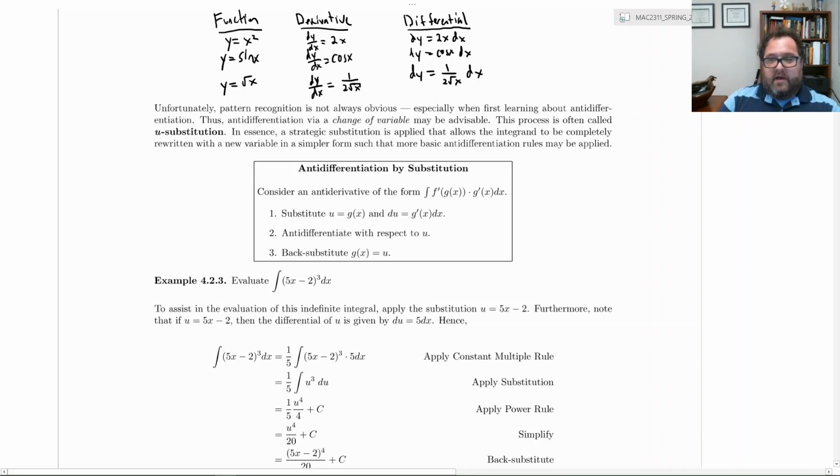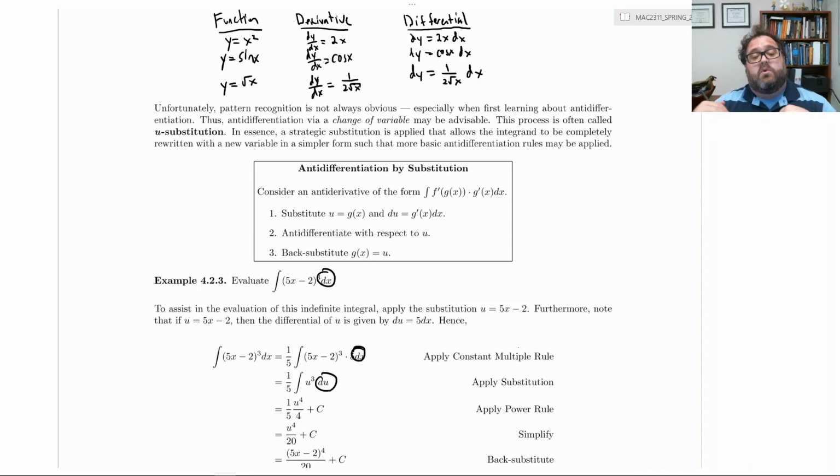Okay, the differential is just a different form, and it's going to be important for us because notice we do have all these dx's in our anti-differentiation exercises. Previously, we've just referred to that as the variable of integration, and that's been sufficient thus far. But going forward, we need to pay more special attention.